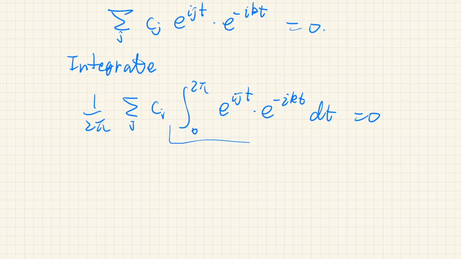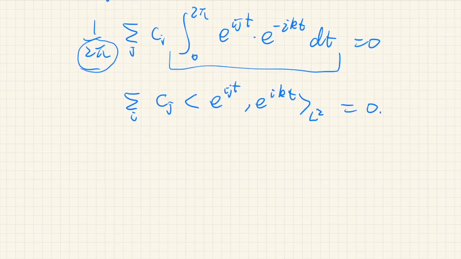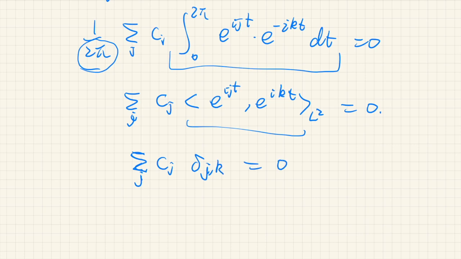But this part divided by 2 pi is the inner product. So c_j times the L2 inner product of e^{ijt} and e^{ikt} is equal to 0. And we know that this is the Kronecker delta. It's not i, it's j. So c_j delta_jk equal to 0.